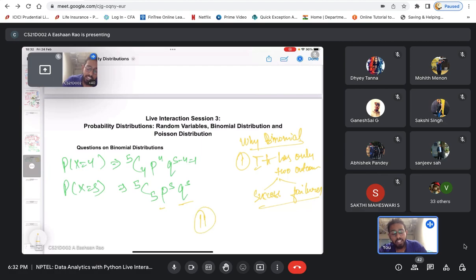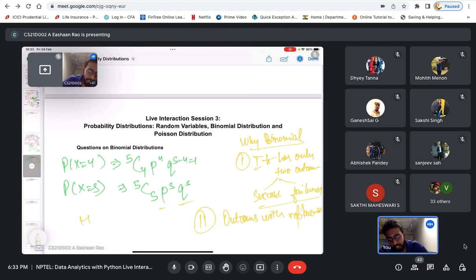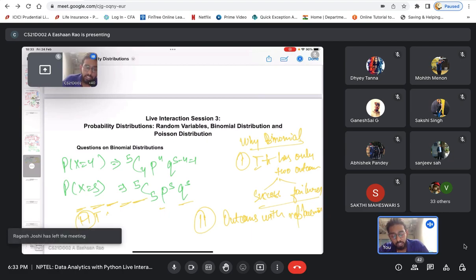The second reason why it is binomial is because of the combination. Here whatever the outcome is, it comes with replacement. What we are saying by replacement is, suppose we are getting heads in five positions. Head can become either the first, the second, third, fourth or fifth position. So it can be replaced at different positions.